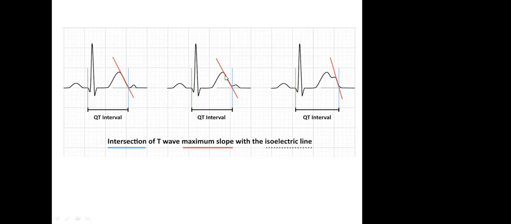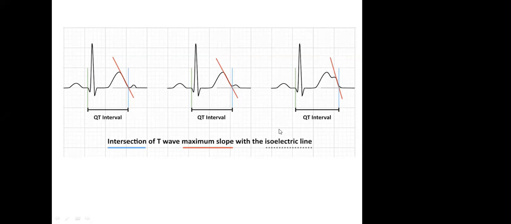Rather, we are going to take the intercept of this tangent to calculate QT interval. If the U wave is merged halfway with the T wave, we are going to take it into consideration, and this will be used to calculate the QT interval.